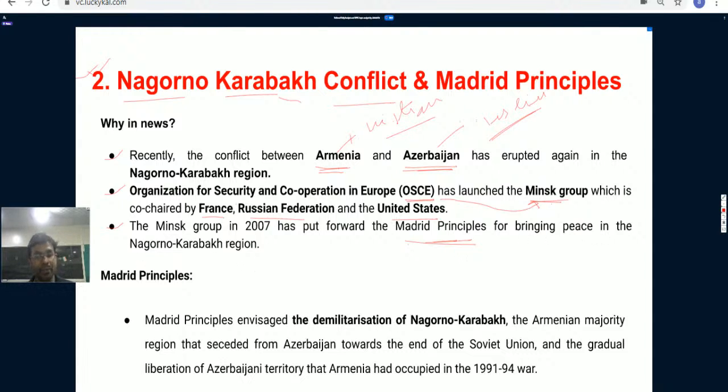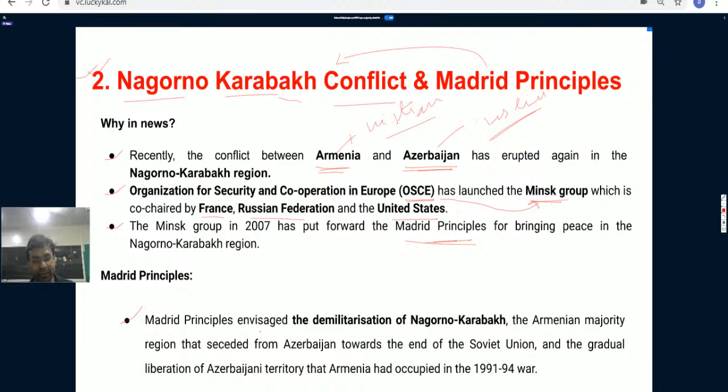So in this respect, we need to understand what the Madrid principle is, and it is very important to understand that the Nagorno-Karabakh conflict is associated with the Madrid principle. The conflict is there, and the Madrid principle is for bringing peace in this region. So what is the Madrid principle?